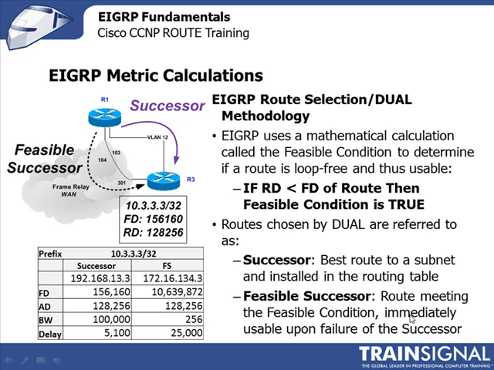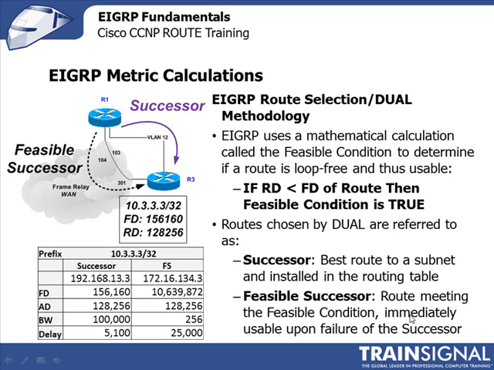Remember, the reported distance is the route metric from the perspective of the next hop router, and the feasible distance is how that particular local router computes the metric to that route. If the reported distance is less than the feasible distance, then the feasible condition is considered true. It's usable, it's loop-free, and it can be placed in the IP routing table as well as the topology table. So it's called the feasible condition.